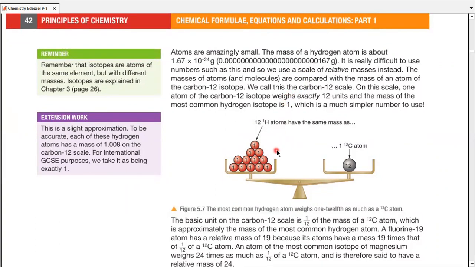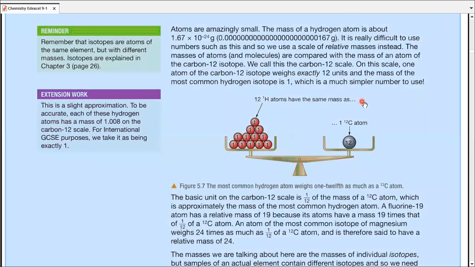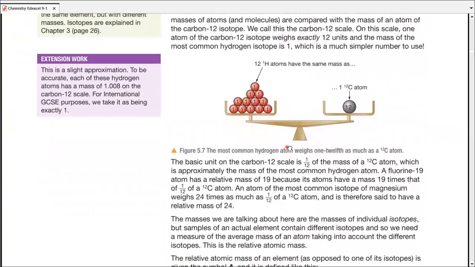On that relative scale, our standard is the carbon-12 isotope. We call that scale the carbon-12 scale as well. That is pretty simple because we use whole numbers. For example, carbon-12 has a mass of 12, and if we take 1/12 of that atom, it would be equal to the mass of hydrogen isotope 1, which is the most common isotope.